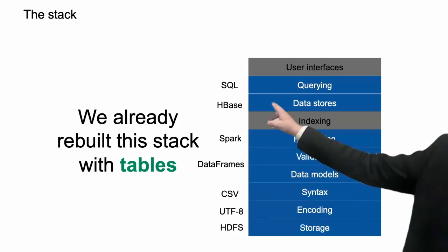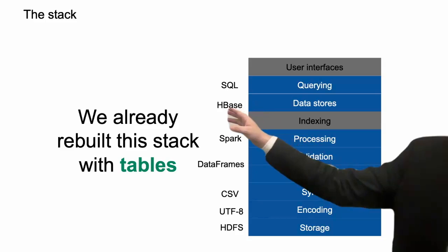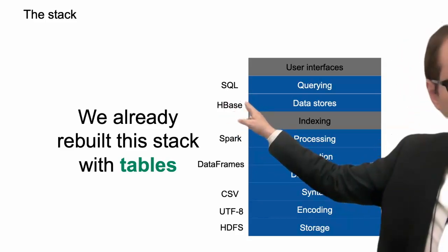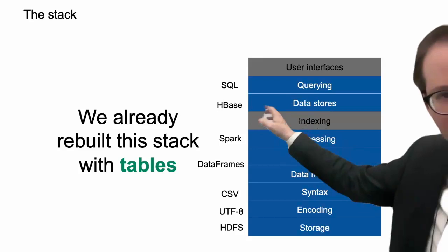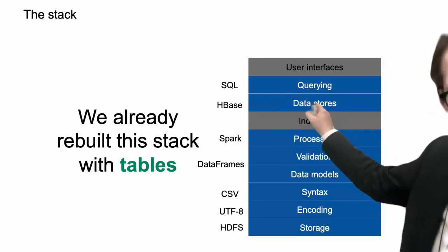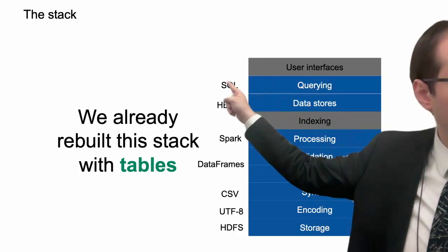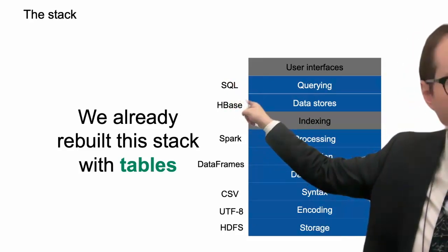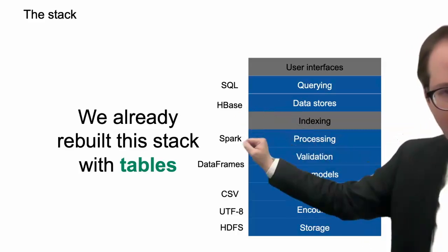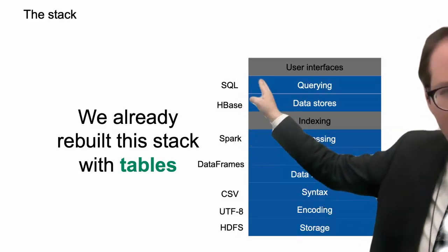On the physical level, with HBase, we saw that we can also store the data in a way that looks like a table, even though it's not a full-fledged query language, and it's still very physical because all the values are binary values. And then for querying, we can use SQL. People did it. People put SQL on top of HBase. If you look into Hive, for example, you can do data warehousing on top of HBase, right? And we saw also SQL on top of Spark with Spark SQL.